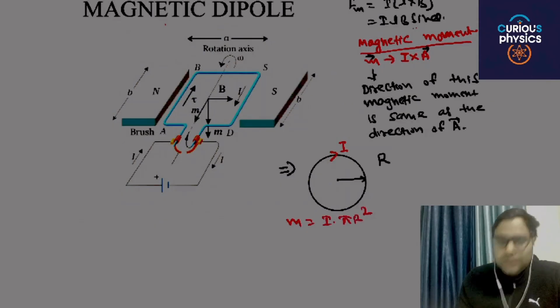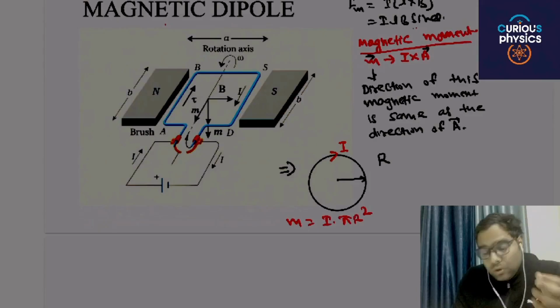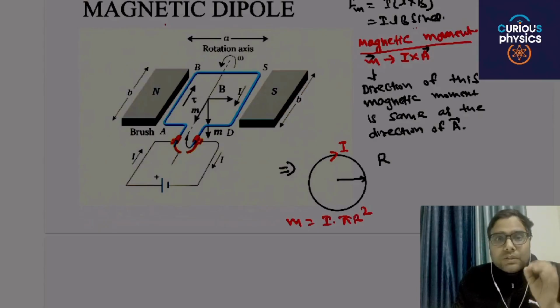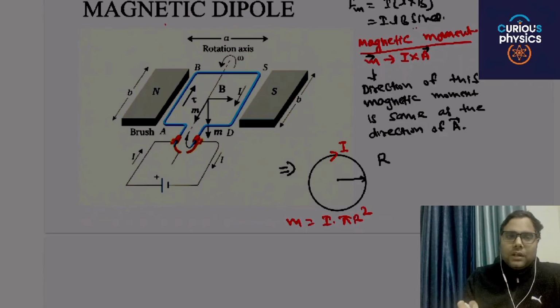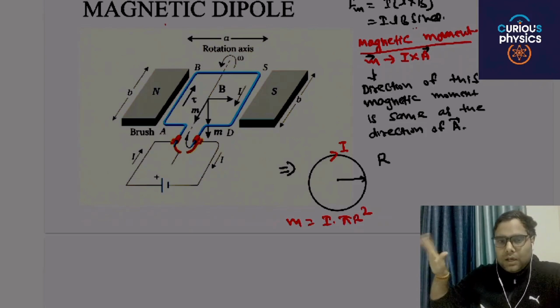But what will be the direction of this magnetic moment? Curl your fingers in the direction of the current in the loop, and the direction of the thumb will tell you the direction of the magnetic moment.